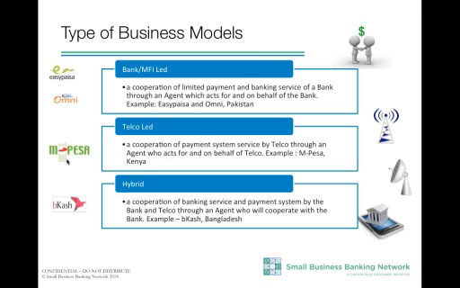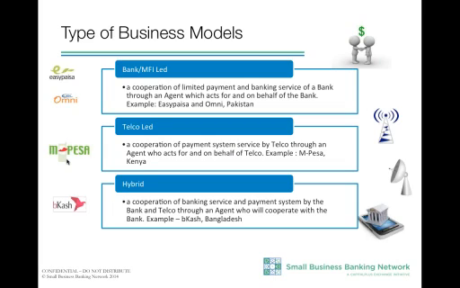I'd like to also talk about the hybrid model which comes from Bcash, which is in Bangladesh. This is a very, very interesting model. Bcash is reputed to be the fastest growing mobile branchless banking network in the world at the moment. They're growing very rapidly. The way it has been done is Bcash is a separate company, and their corresponding bank is BRAC Bank.